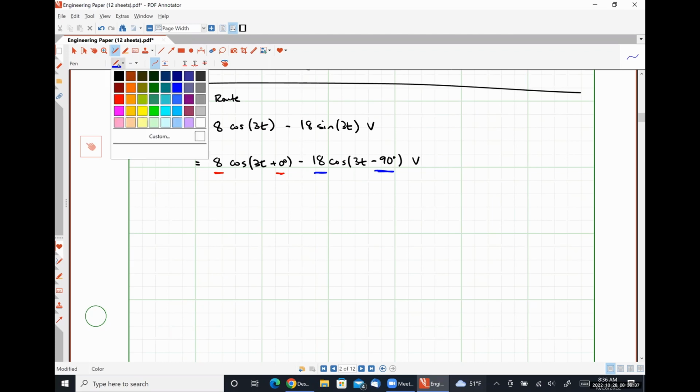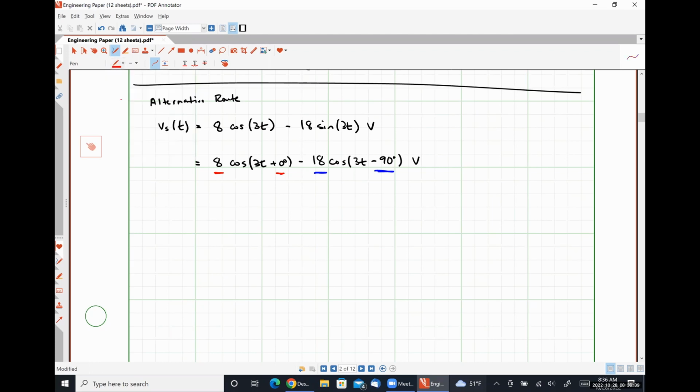So I would argue that this is going to be something like 8e to the j 3t plus 0 degrees minus 18 e to the j 3t minus 90 degrees volts.